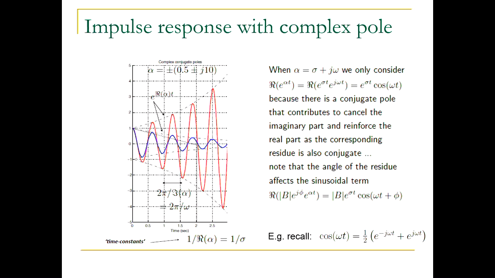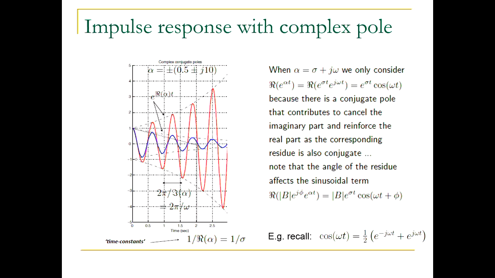Also, if we look at two consecutive peaks in this sinusoidal function, we can relate them to omega. The period of oscillation of this sinusoid is 2 pi over omega, where omega is the imaginary part of your pole.